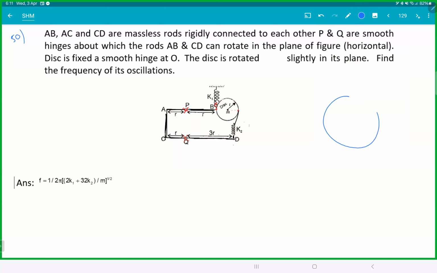Let me see if I can draw a new diagram. This is one spring, K1. This is one spring, K2. There is a hinge.